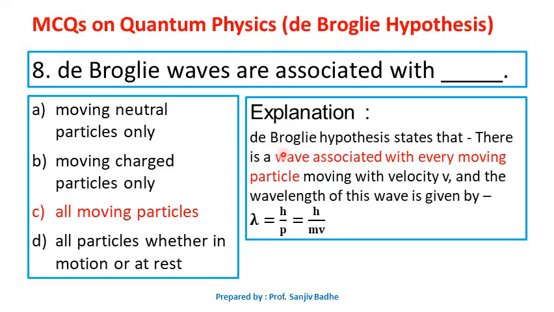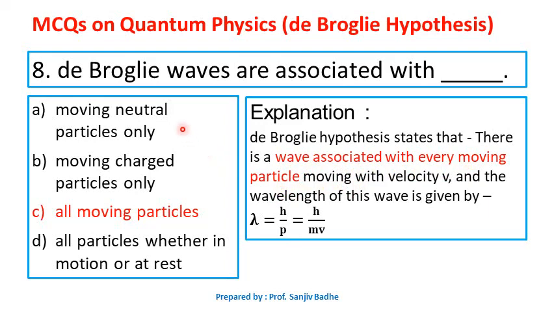So to answer this question, let us consider de-Broglie hypothesis. De-Broglie hypothesis states that there is a wave associated with every moving particle moving with velocity v, and wavelength of this wave is given by lambda is equal to h upon p. So de-Broglie is saying wave is associated with every moving particle.